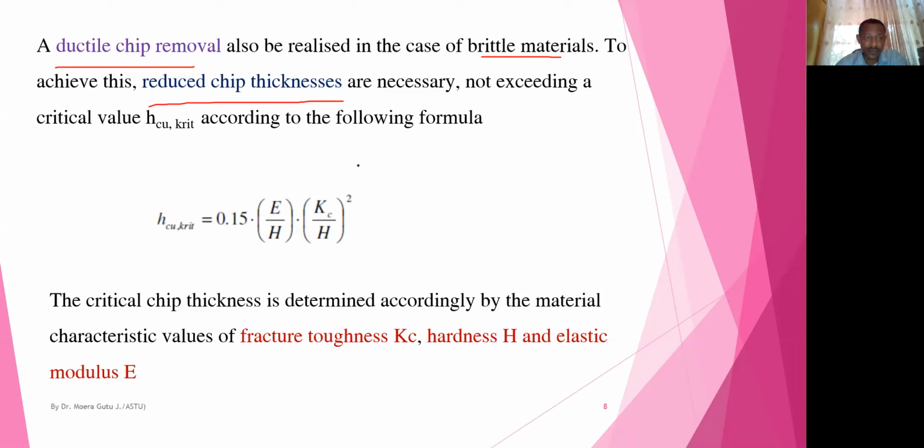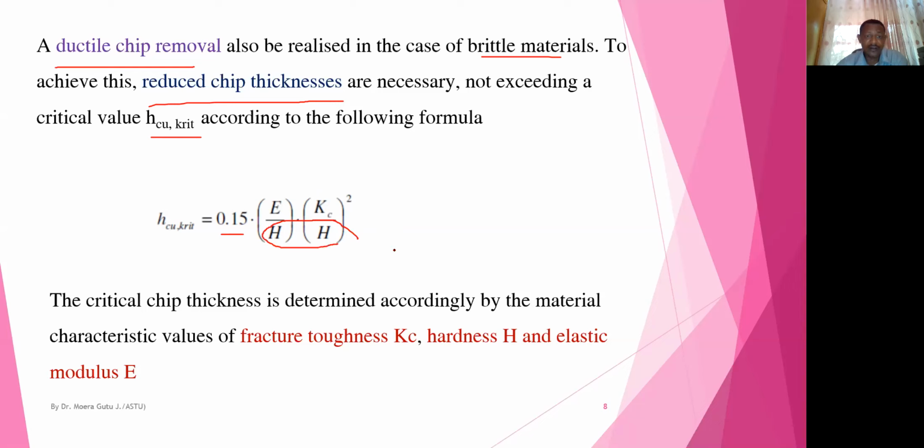There is a formula for the reduced chip thickness, not exceeding a critical value. hc, the reduced chip thickness value, is equal to 0.15 times E, the Young's modulus of the material, over H, the hardness of the material, times Kc, the fracture toughness of the material, over H, the hardness of the material, the whole squared.